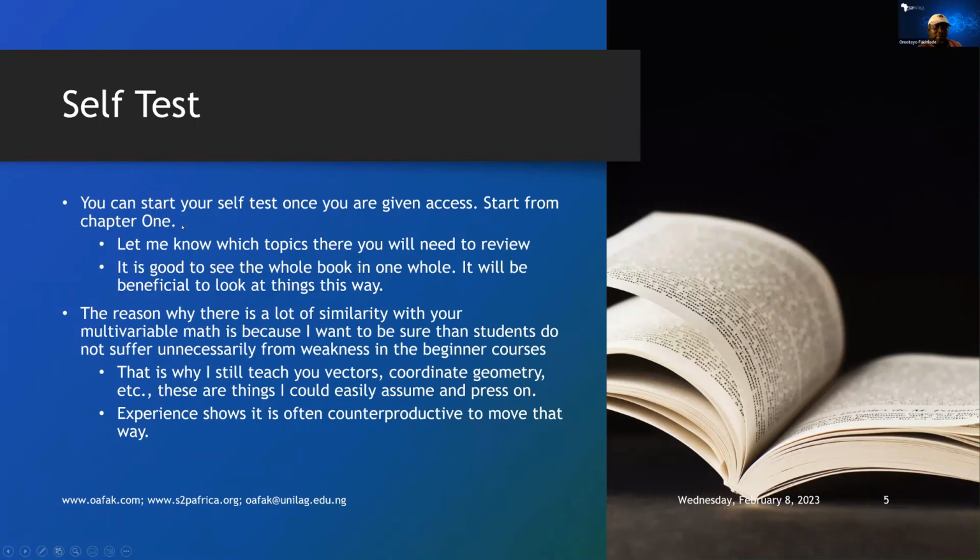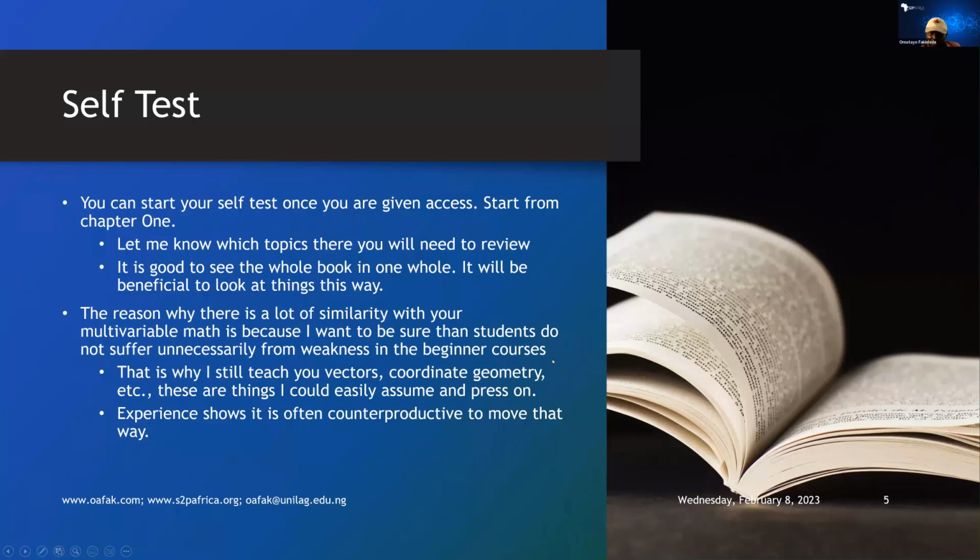Start from chapter 1. Let me know which topics there you will need to review. It is good to see the book as one whole. It will be beneficial to look at things this way. The reason why there's a lot of similarity with your multivariable calculus is because I want to be sure that students do not suffer unnecessarily from weaknesses in the beginner courses.